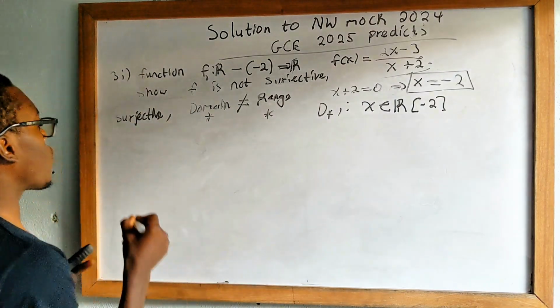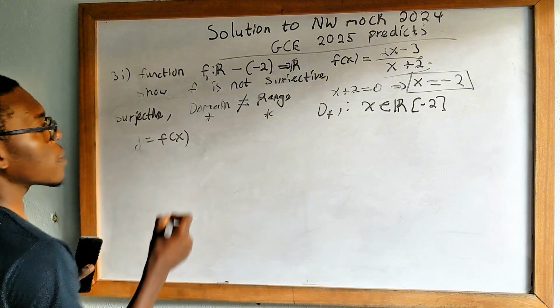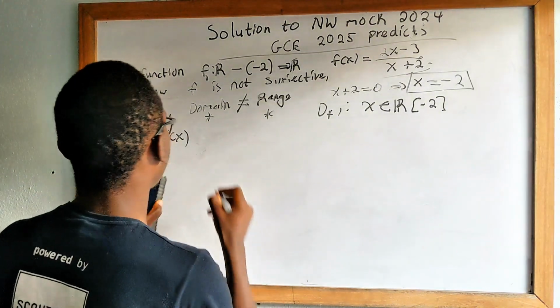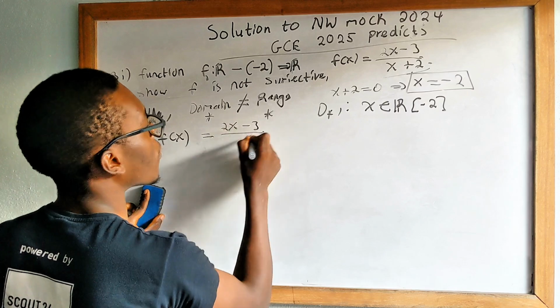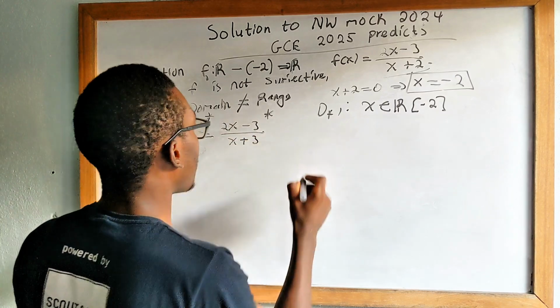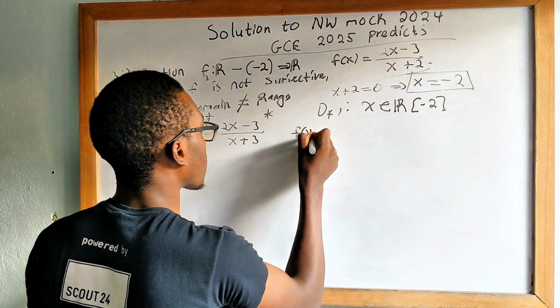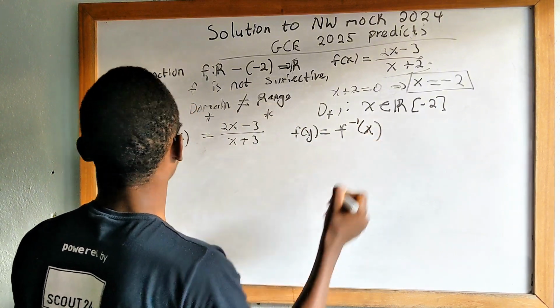We first state that let y equal f of x. Therefore y will be equal to 2x minus 3 all over x plus 2. And also f of y is equal to f of f inverse of x.